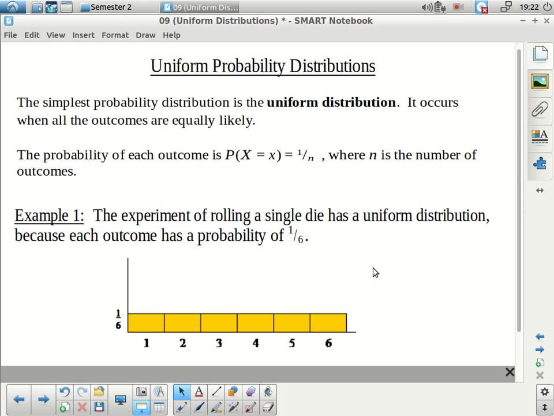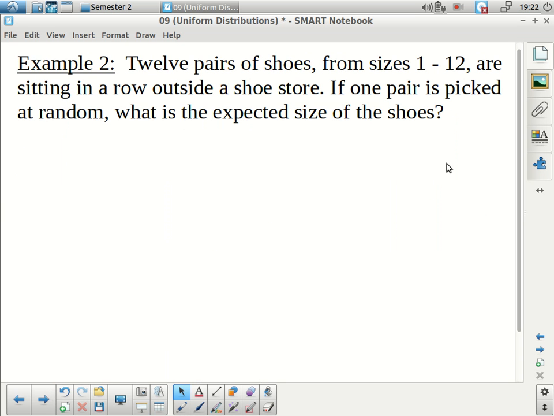So we're just going to do a couple quick examples here. Example 2: 12 pairs of shoes from sizes 1 to 12 are sitting in a row outside a shoe store. If one pair is picked at random, what is the expected size of the shoes?